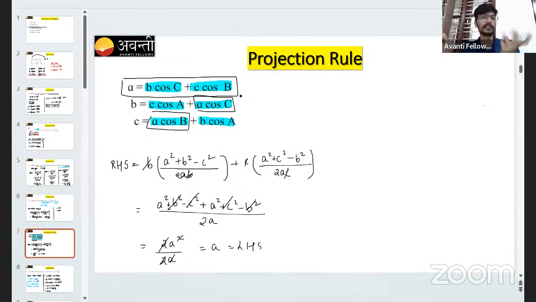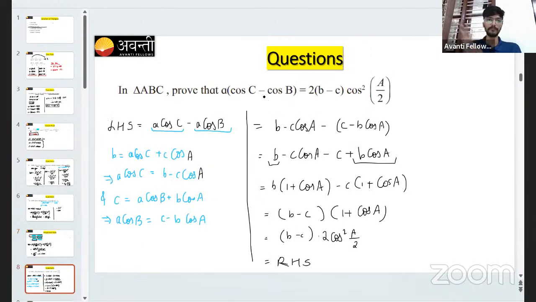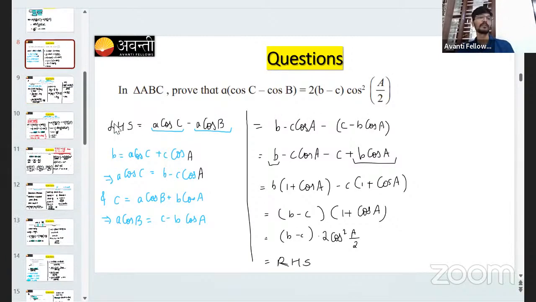A cos B, B cos A, B cos C, C cos B, A cos B, B cos A. ये था. Got it? प्रोजेक्शन रूल हेल्प्स अस. क्या करता है हेल्प अपने को? स्पीड बढ़ाने में. And then we saw questions and questions and questions. Many of the questions were prove that types. Many of them were from NCERT and some of them were also from JEE. The prove that questions were from NCERT.